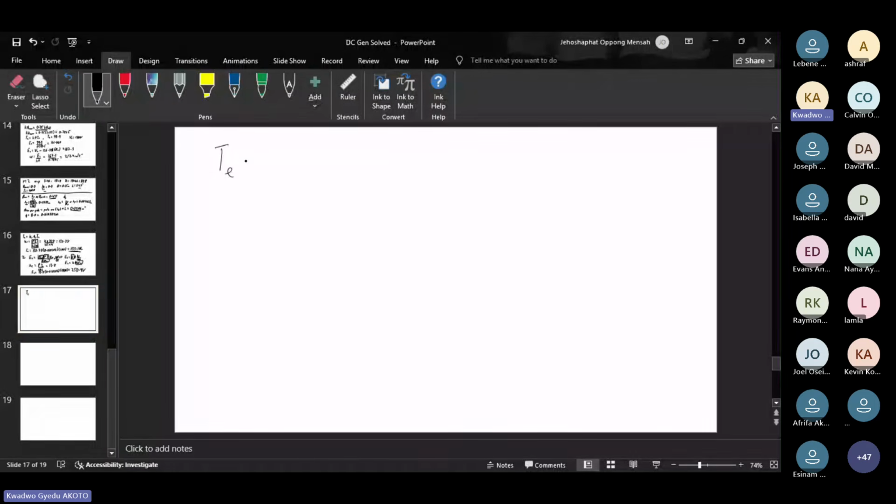So if our flux is being kept constant, then our new IA with this new torque is just going to be IA is equal to TE on KT phi, right?